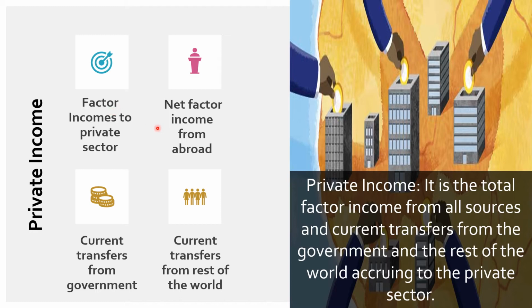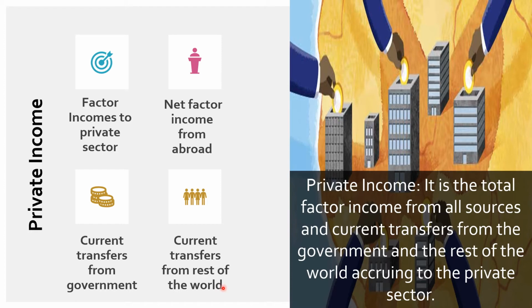The next entity that is included in private income is net factor income from abroad. Now this is the difference between the factor incomes earned by Indians abroad and factor incomes earned by foreigners in India. Then we have current transfers or transfer payments coming from the side of the government. So also current transfers from the rest of the world that are received by the private sector.